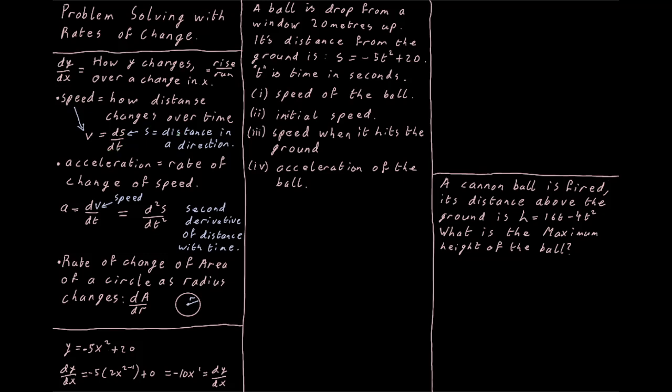S is the letter that is used for distance, because just like speed, this is actually distance in a particular direction, which is called displacement, which doesn't start with S, but we use S for our distance in a particular direction. So we have V for our speed, and it is going to be the rate of change of our distance with respect to time. So we have dy dx as our rate of change of y as x changes, and our speed is going to be the rate of change of our distance as time changes.